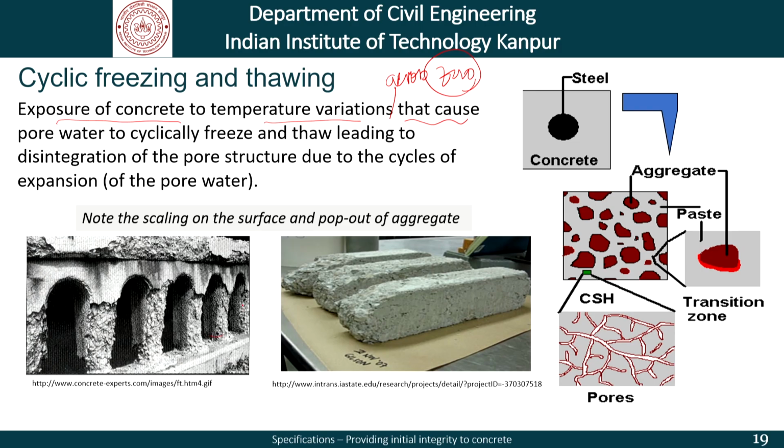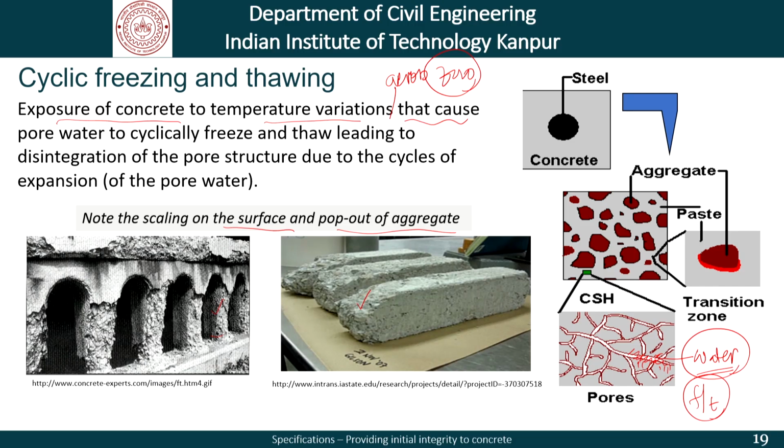So what we see here is scaling on the surface and pop out of aggregates. So basically what happens is that water present in these pores is cyclically freezing and thawing, leading to disintegration of pore walls and a situation which manifests itself in this manner.